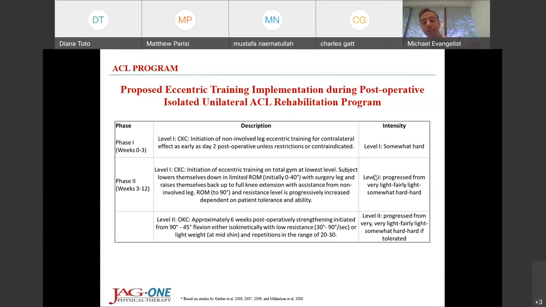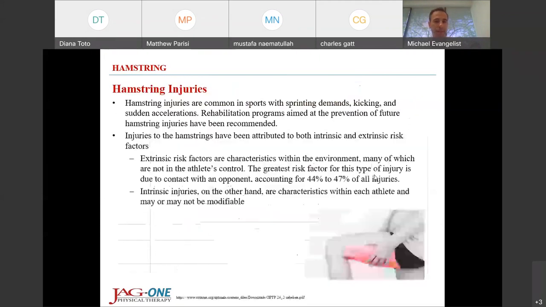Basically you could see from phase 1 on the non-involved side, and then phase 2 through phase 4 on the involved side, eccentric training is going to be used and it's going to be progressed in order to prepare the athlete for that phase 4 where they're doing return to sport activities.